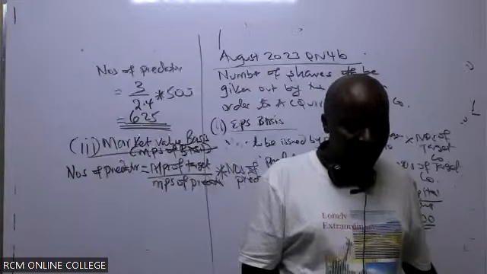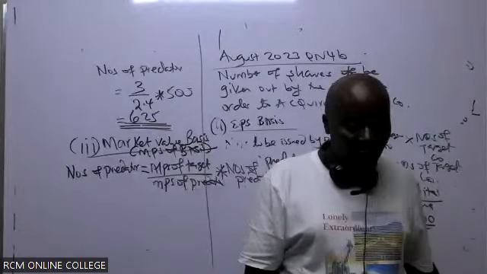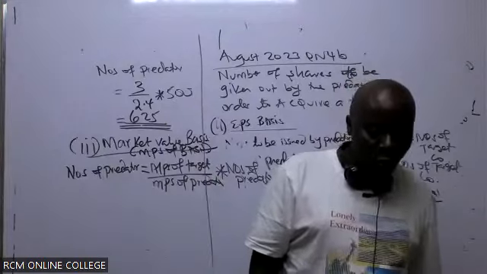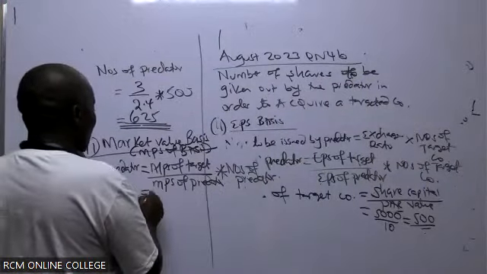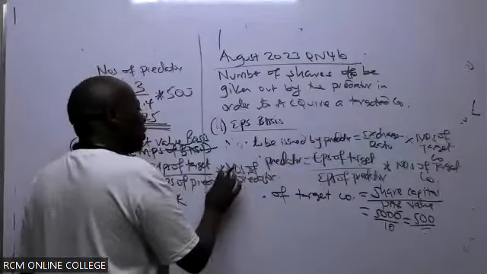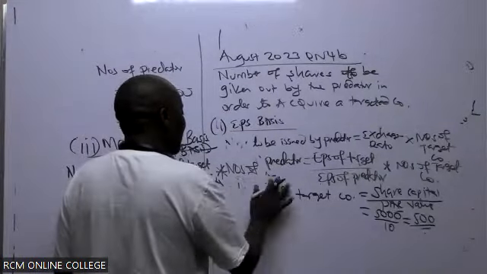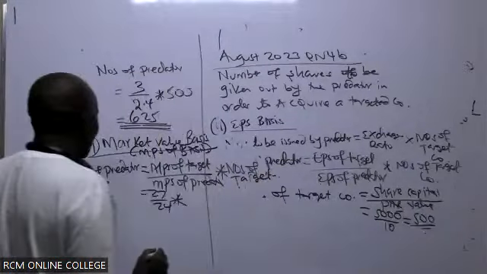1125. I'm being given a figure, you see, MPS has been given, right? So 27 over 24. And here we shall always use the number of shares of the target company, because we have the number of shares of the predator.